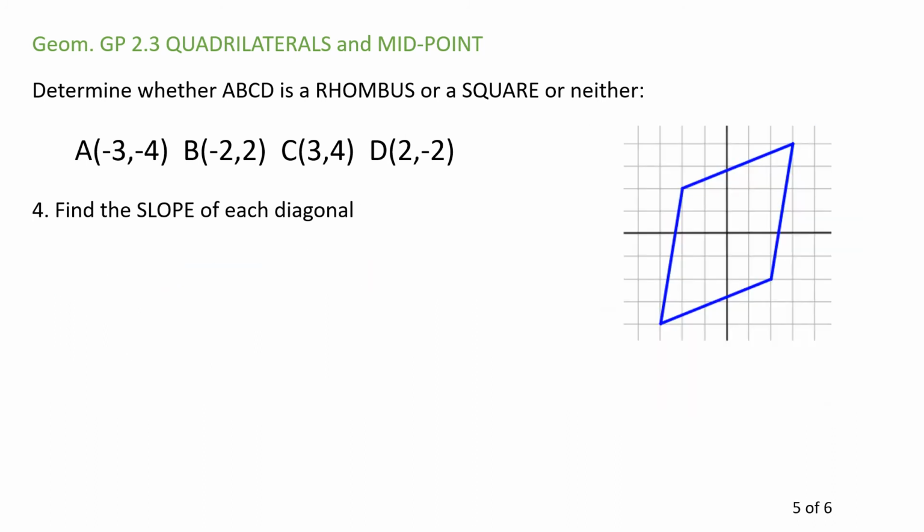So again, I've got the purple one, and I've got the blue one, and I need the slopes. So the slope of BD is equal to, it looks like it's down 4 over 4, also known as -1.